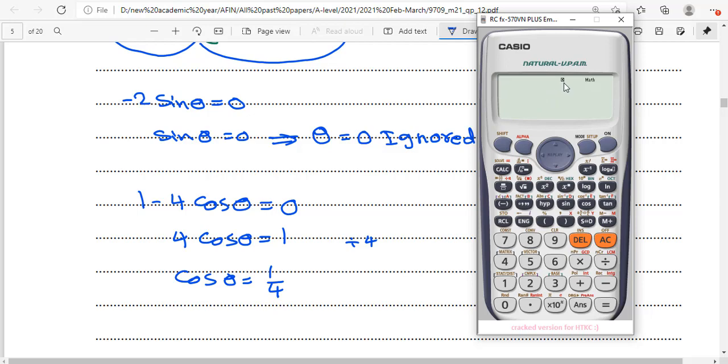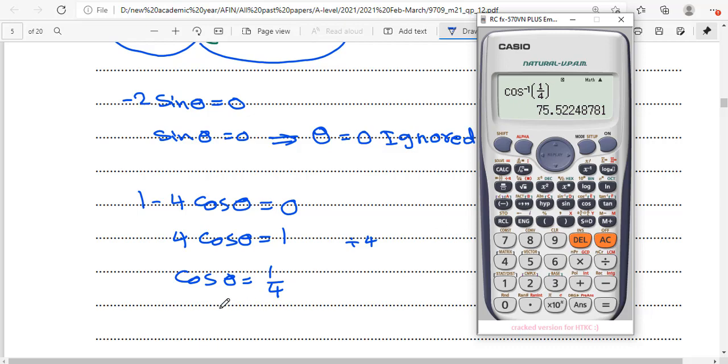Now this little d indicating that I'm programmed in degrees. Then again, cosine inverse of 1 over 4 is equal to 75.522. It's written on the cover of the paper that when you work on angles, give your answer to one decimal place.